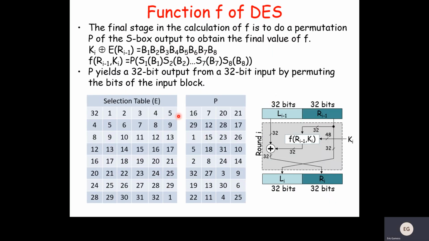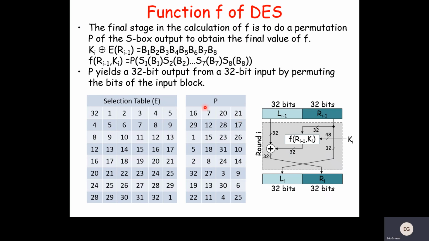Okay, now that you have 32 bits, you are going to use P. This is the 4th step of the function f. Remember, function f has 4 steps. First step, I use the expansion table. Second step, I make a XOR between the result of the expansion table and the key of the iteration, the subkey of the iteration.